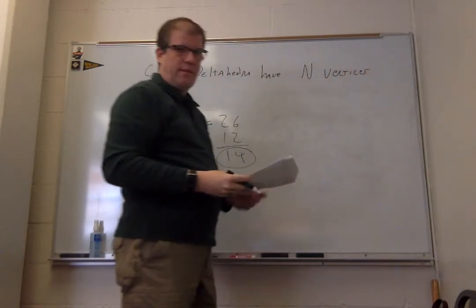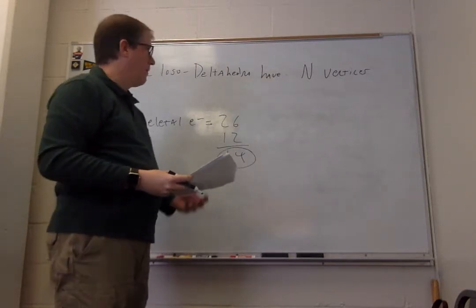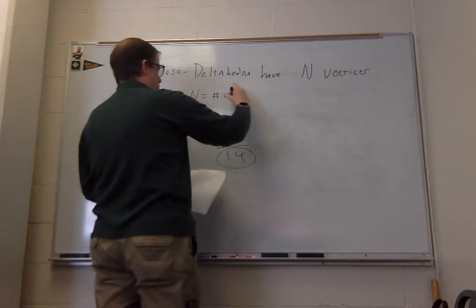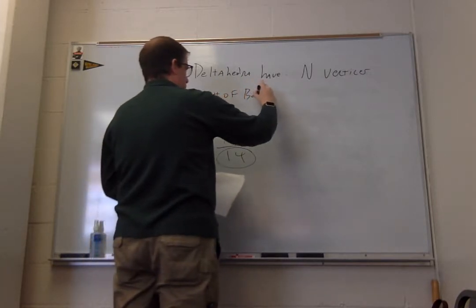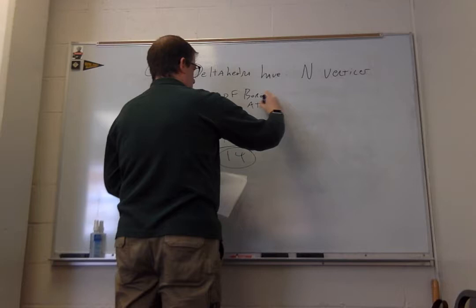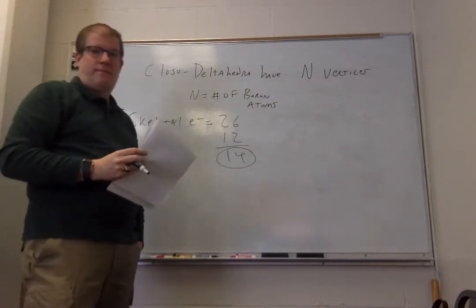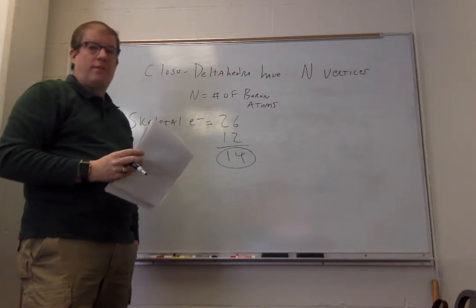We have n vertices. To simplify that down, it's the number of boron atoms.